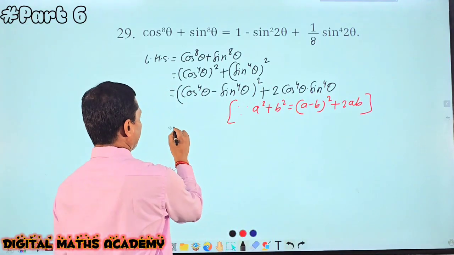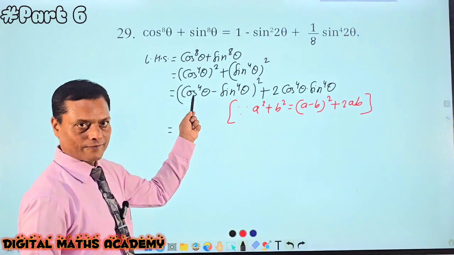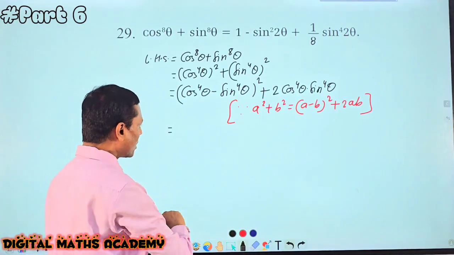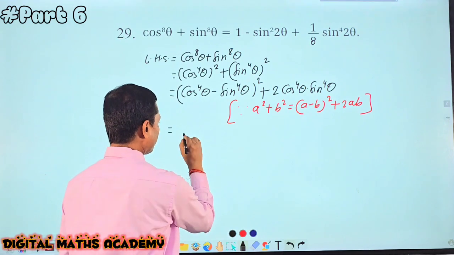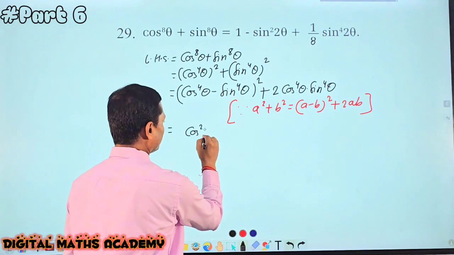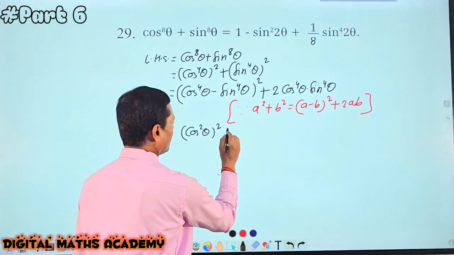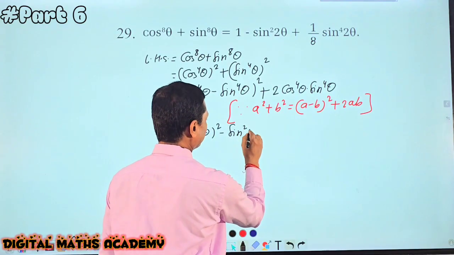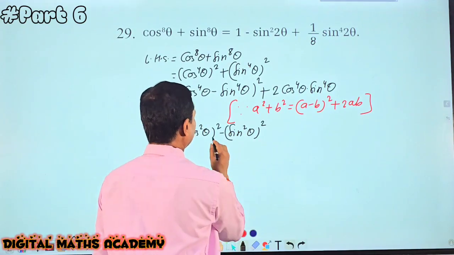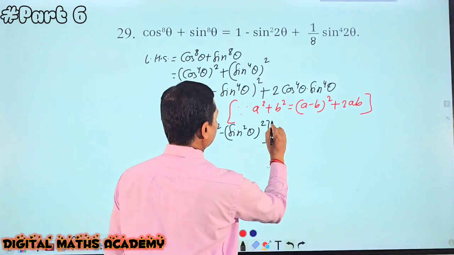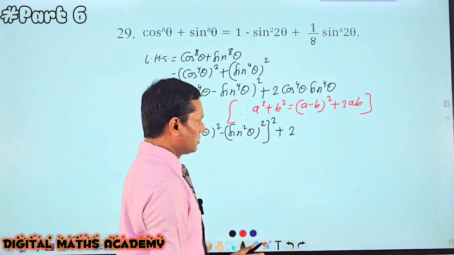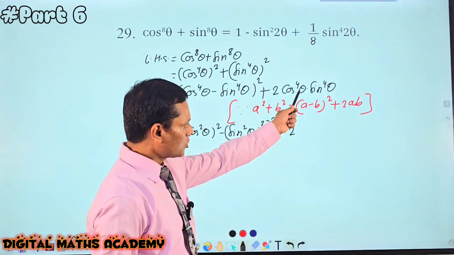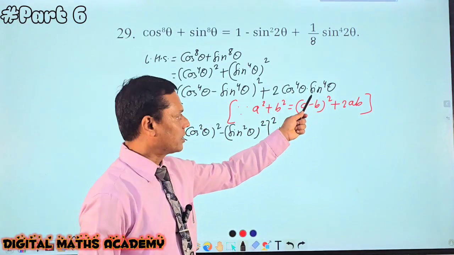Next step, again we have cos to the power 4 theta, right? Again I am going to write this line as (cos square theta) whole square minus (sin square theta) whole square, and square of all, plus, just look at this part, cos to the power 4 theta dot sin to the power 4 theta.